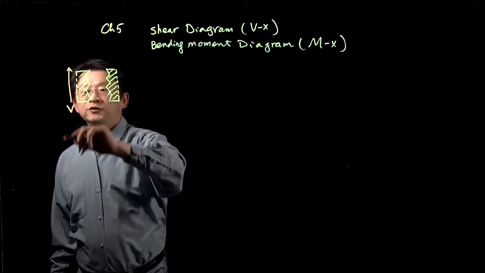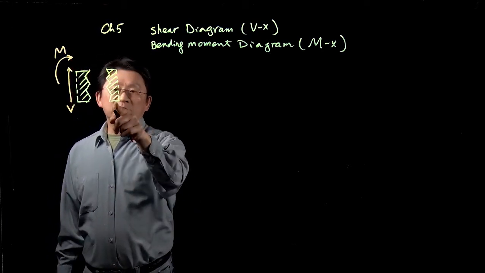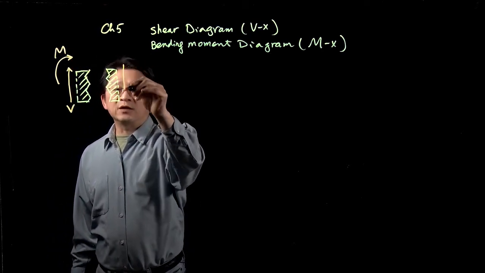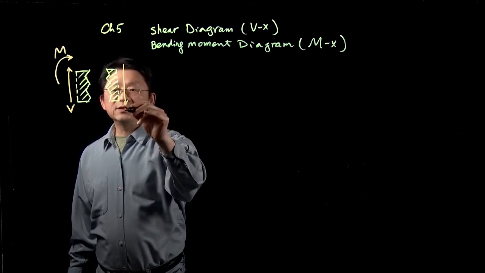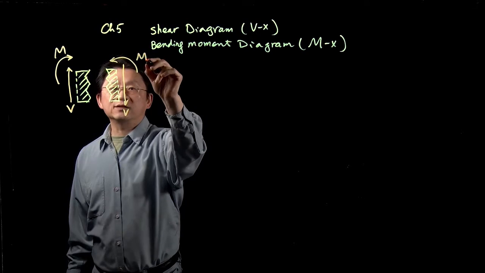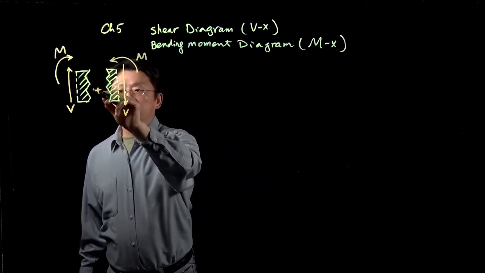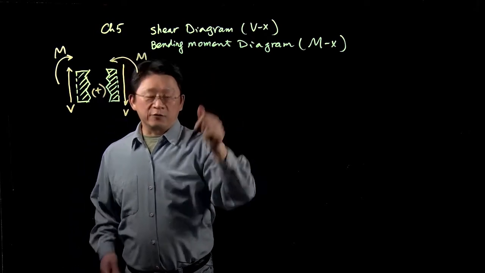For the other category, we define a positive shear downward and a positive moment like this. With these sign conventions, we're going to draw the diagrams.